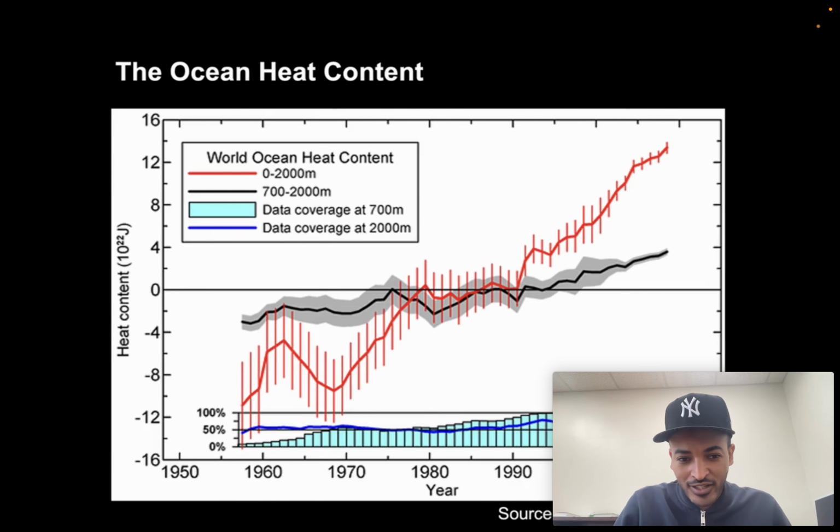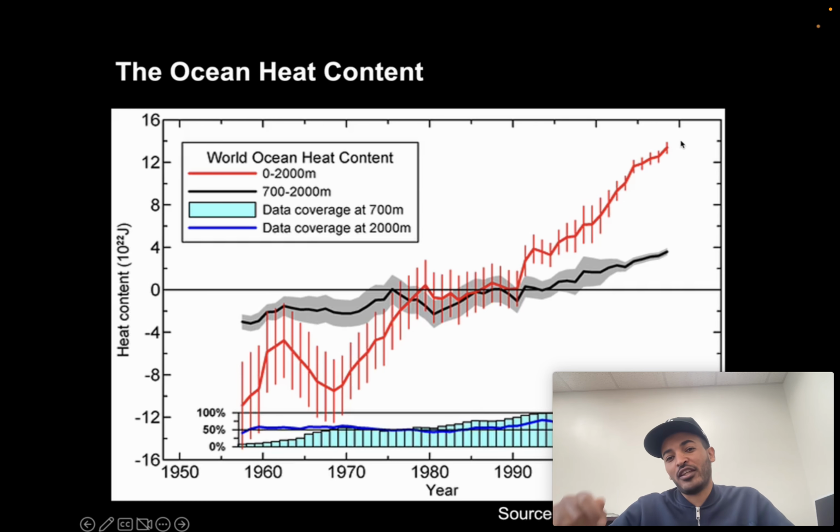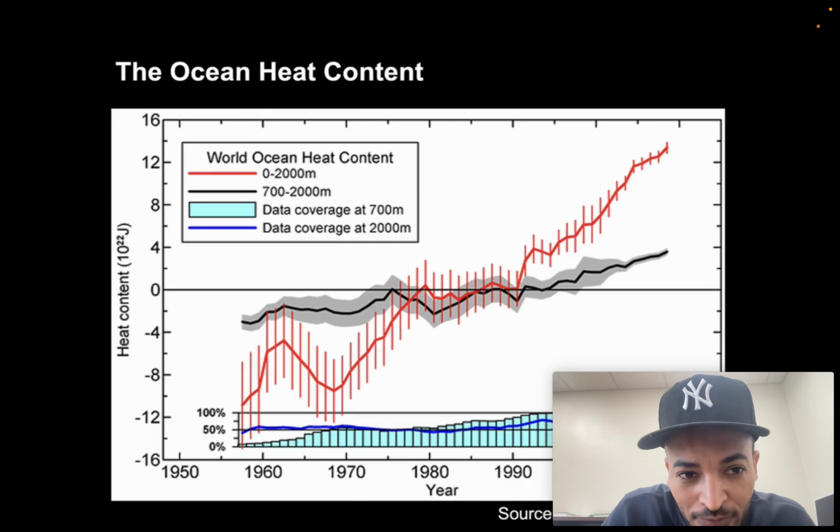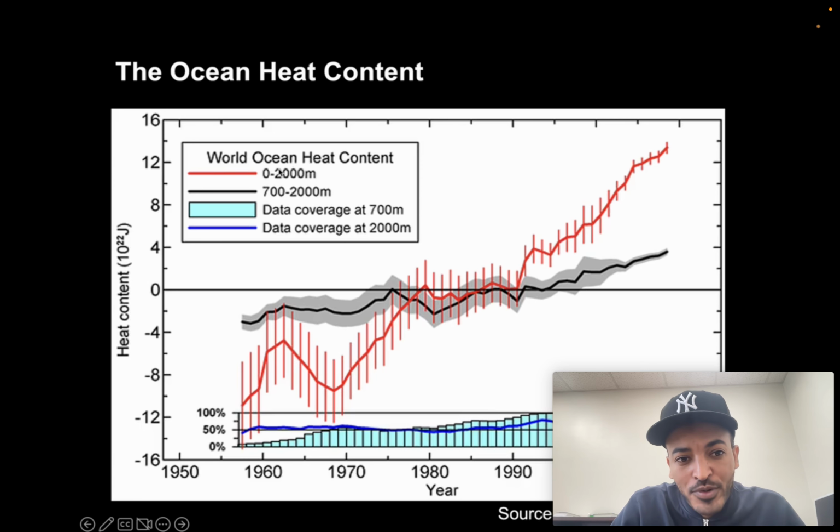What I'm showing you here is a very, very important figure. What you see here in red is the global ocean heat content. So what do you see here? Well, it shows you that our oceans are significantly warming, right? Especially the deeper ocean.